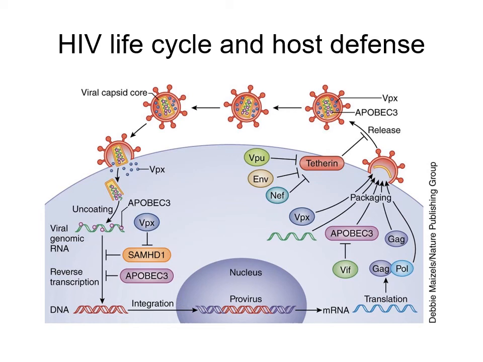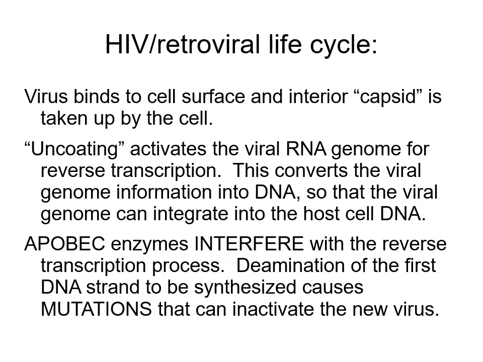And it's going to package those into new capsids by budding off the surface of the cell. Well, APOBEC is sneaky and manages to get itself into the virion some of the time so that it's ready to create mutations when it gets into the new cell. So the APOBEC enzyme, first of all, interferes with the reverse transcription process, and it also creates mutations that can inactivate the new virus.